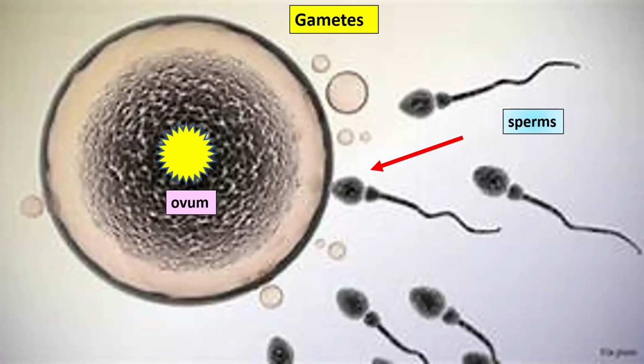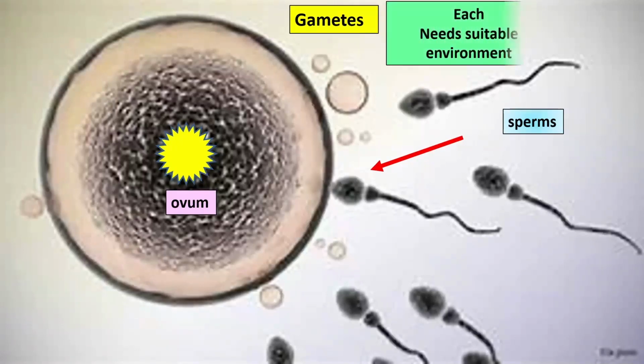Now, the ovum and the sperms need a suitable environment to survive in. Before these gametes develop, we should prepare the place where these gametes are going to live.